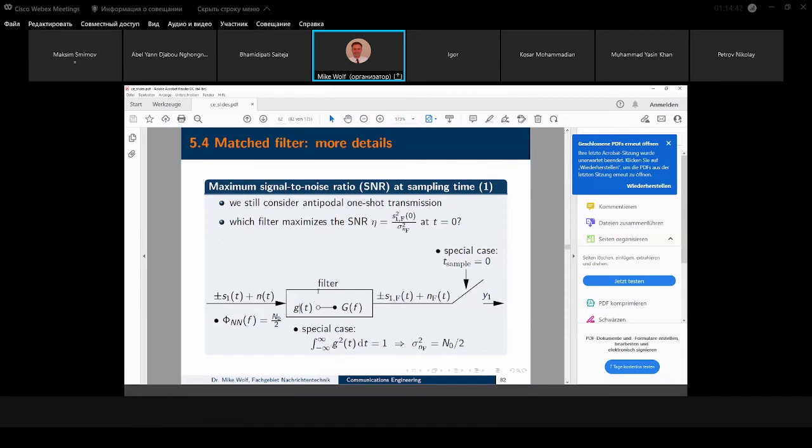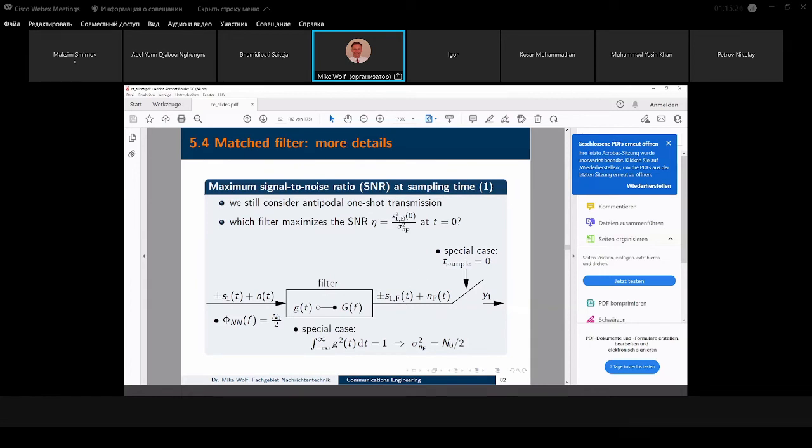And if it has unit energy, the second moment of the noise at the output is just equal to our noise power spectral density. We describe this noise by the noise power spectral density. We said the power spectral density at the output is then N0 by 2 times |G(f)| squared, integrate this to get this. The only thing to be proven is that in this case the signal power should be as high as possible.